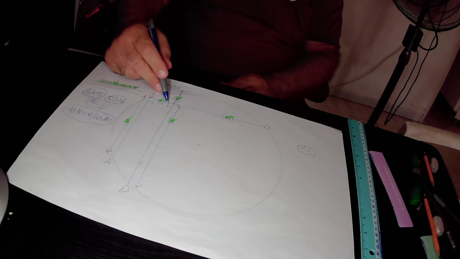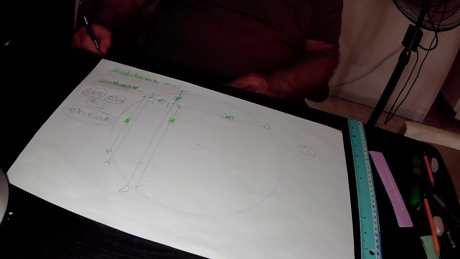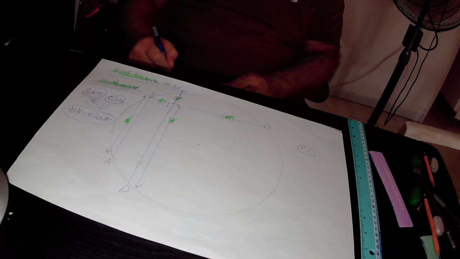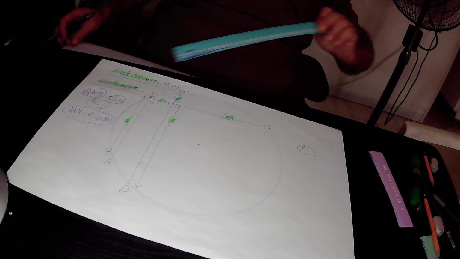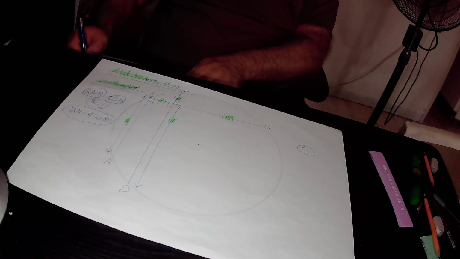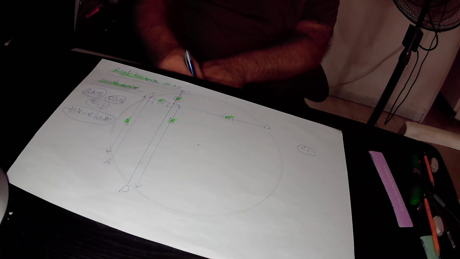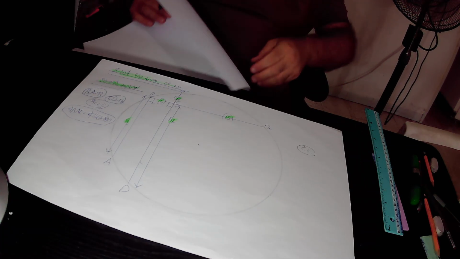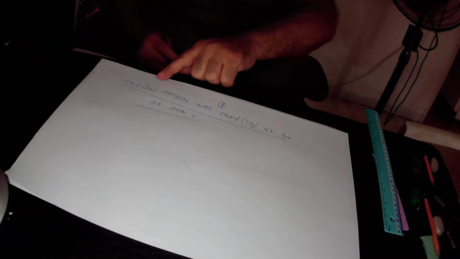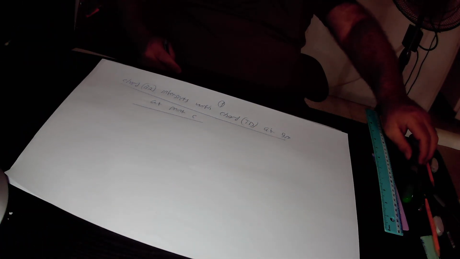That is to say, they create 90 degrees with each other at the intersection point, that is point C. Chord BQ intersects with chord TD at point C, at 90 degrees.